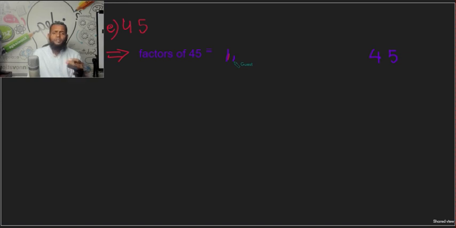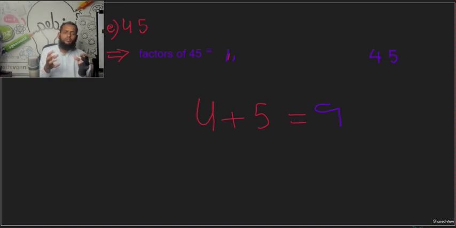You should tell me, is 3 a factor or not a factor? Not a factor. No, you just add the digits of 45 and check. What is the answer? 4 plus 5 is 9. To see if 3 is a factor or not, we add the digits of the number.